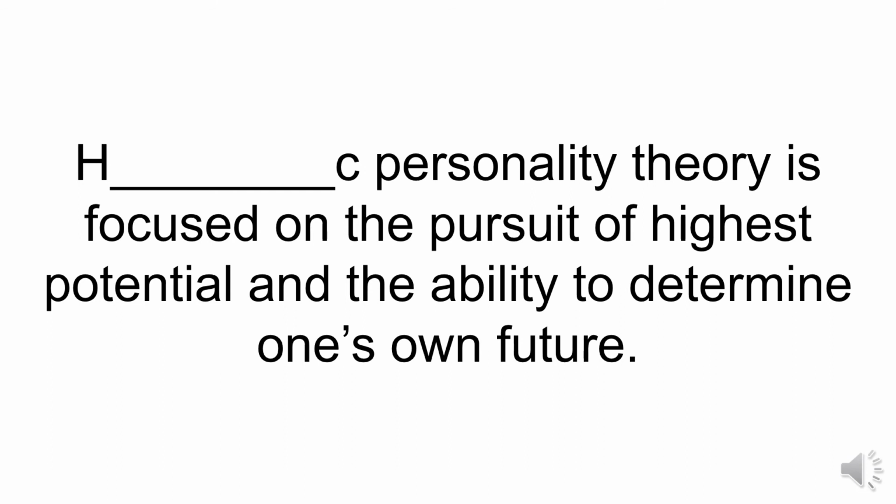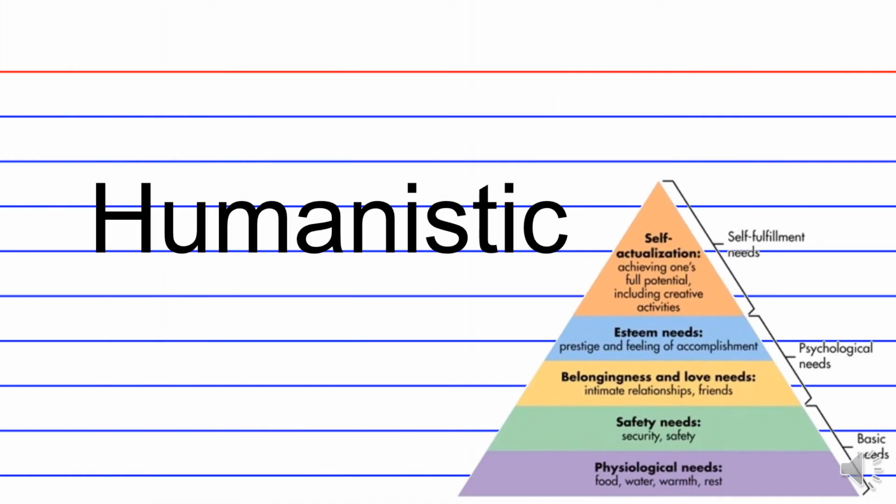H/C personality theory is focused on the pursuit of the highest potential and the ability to determine one's own future. So what personality theory is focused on the pursuit of the highest potential? And that would be humanistic personality theory.